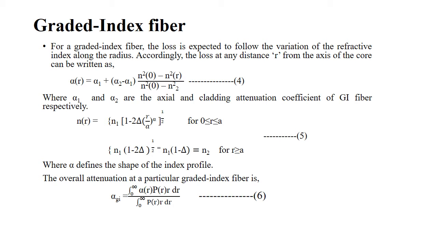Here alpha defines the shape of the index profile. So the overall attenuation of a graded index fiber is alpha GI is equal to integral 0 to infinity alpha of r into p of r into r into dr divided by integral 0 to infinity p of r into r into dr.